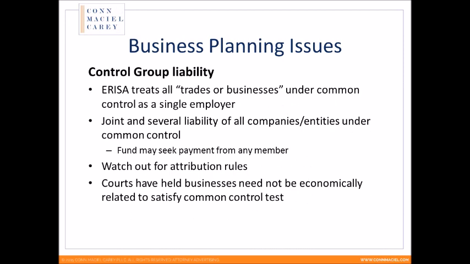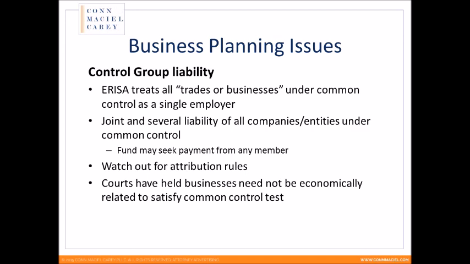Again, this first portion of the presentation is all things to know to avoid withdrawal liability, and one of these main ones is control group liability, this concept of control group. ERISA treats all trades or businesses under common control as a single employer and imposes joint and several liability on those companies. The key to this is that the fund can seek payment from any member of the control group.